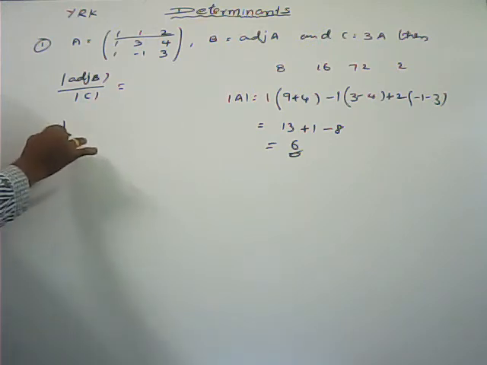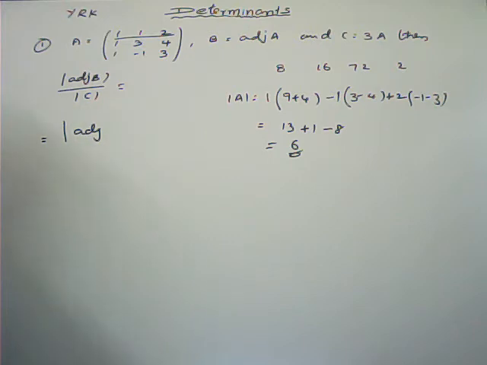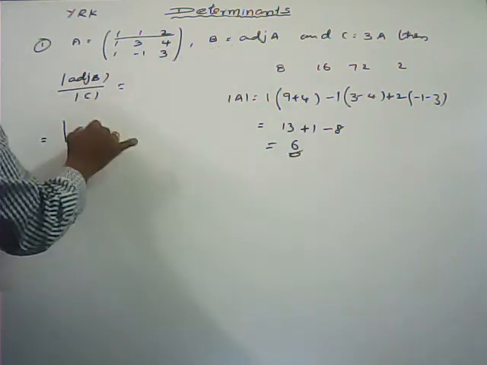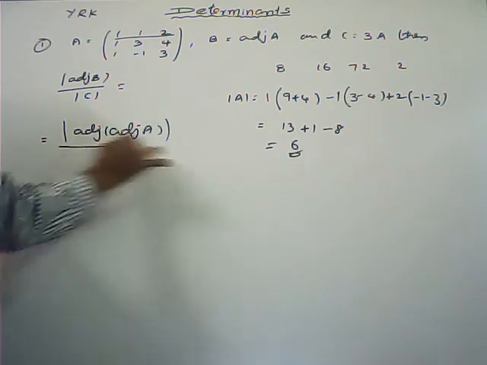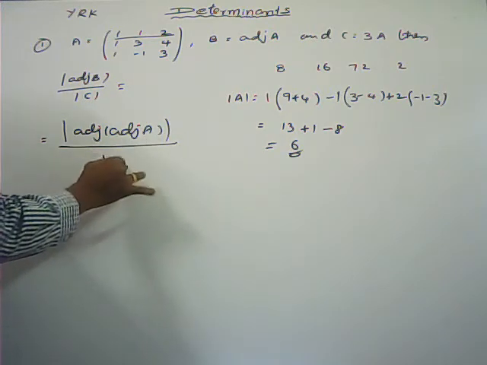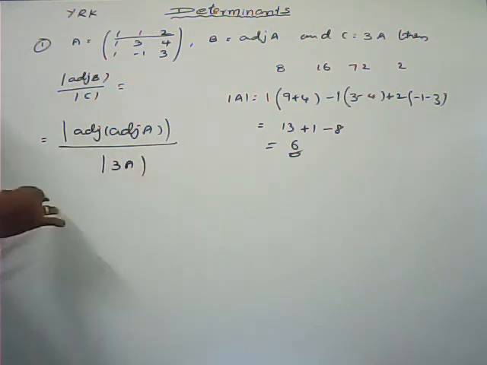Now determinant of adjoint of A, here B value already given, that is the adjoint of A, whole by C also given, that is 3 into A. And just now I told you the tips also.